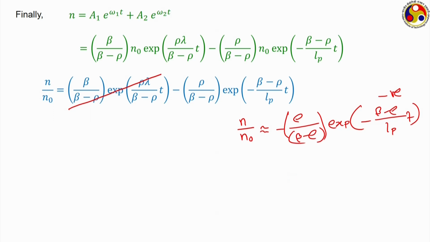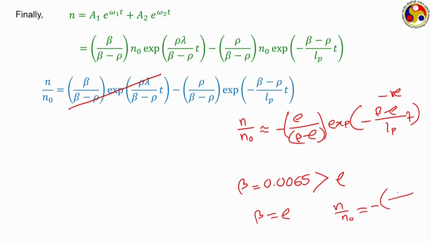But with delayed neutrons, now with uranium-235, beta is equal to 0.0065. So as long as the value of beta is greater than the reactivity rho, the neutron profile will keep on decaying. Only when beta and rho become equal to each other do we get n upon n naught equal to 1, or equal to the coefficient.